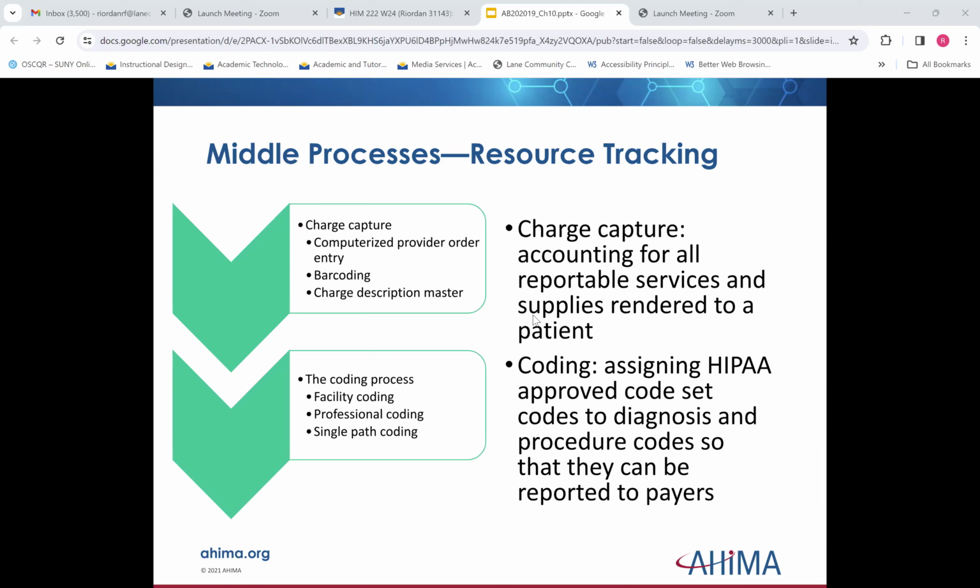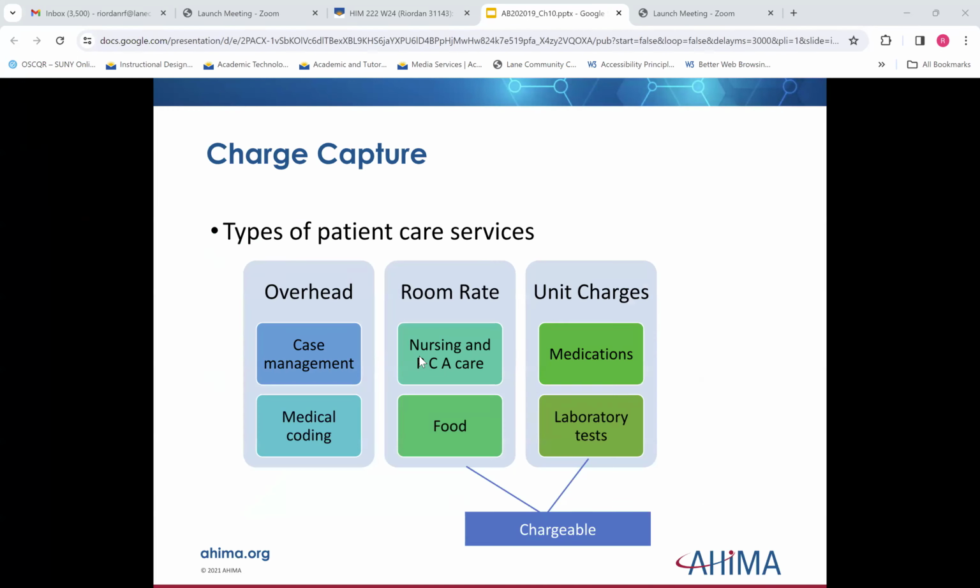And how this relates to coding is we assign alphanumeric strings of codes to these diagnoses and procedure codes so they can be reported to the payers.